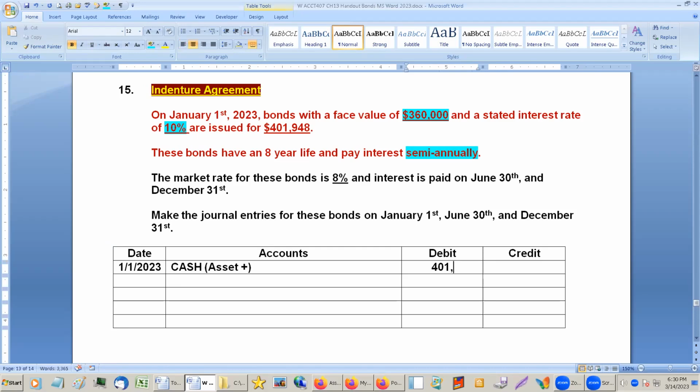401,948. And we're going to have a premium here, for more than the face amount.